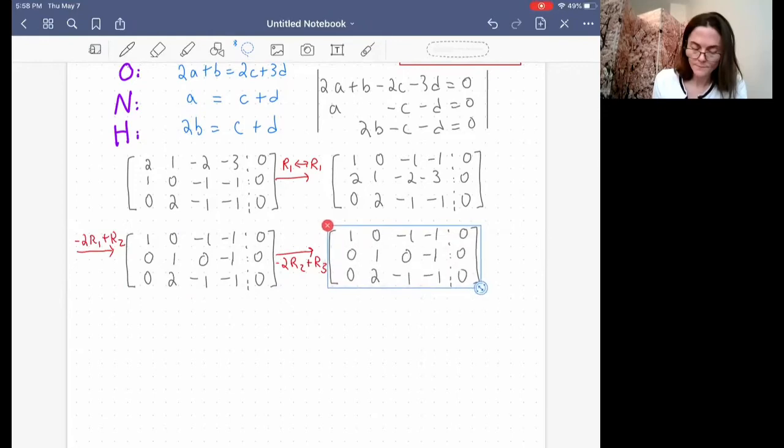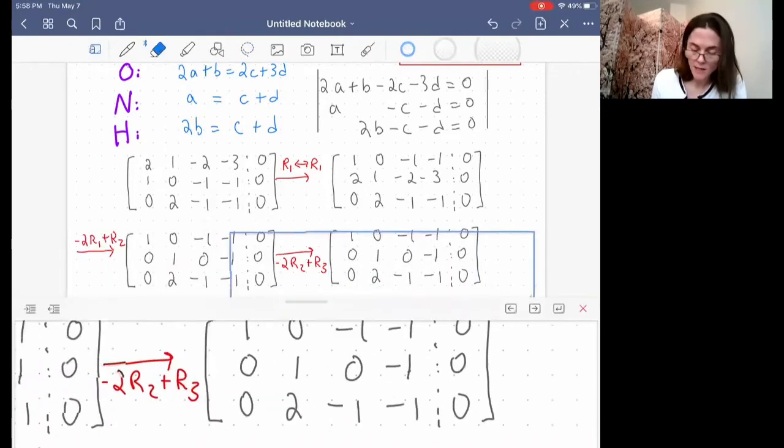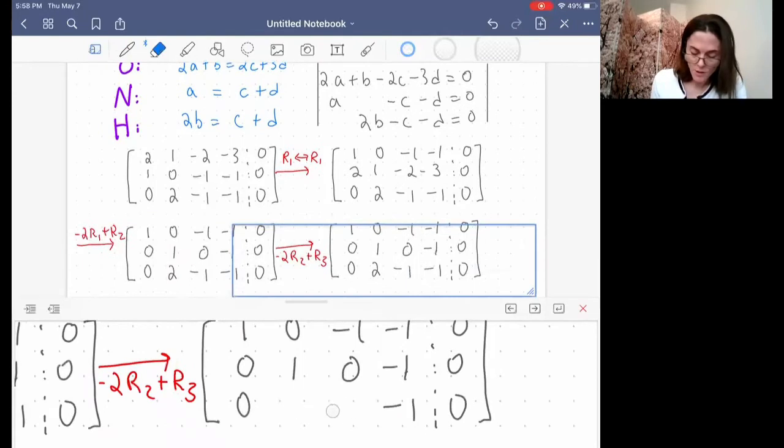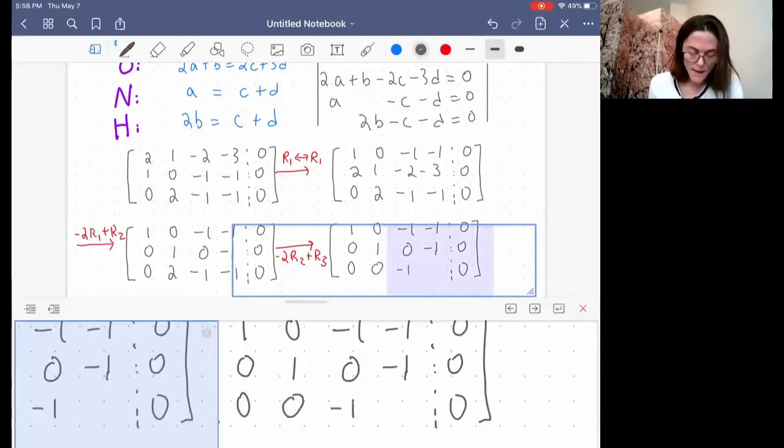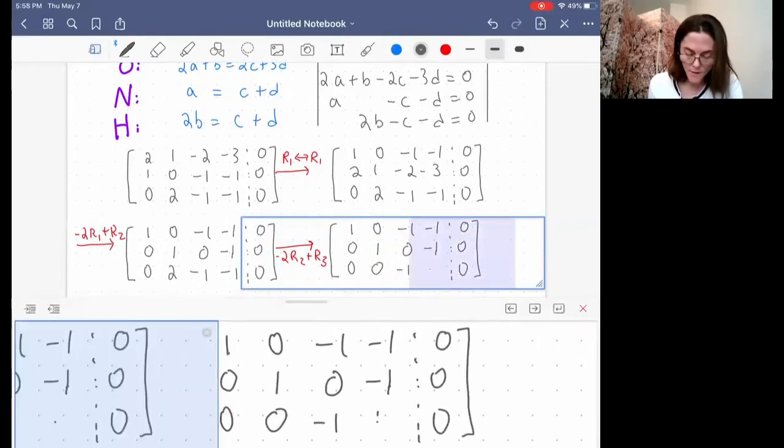Paste. Row 1 and row 2, I have not changed. And row 3, this is now 0. This is still minus 1, and now I got to move this to look. That's going to be a positive 2, and then I have a 1.